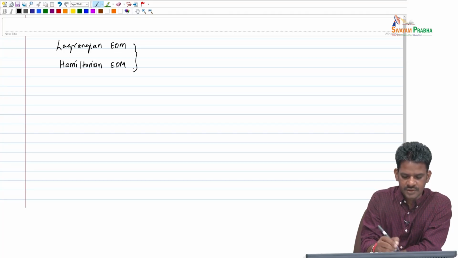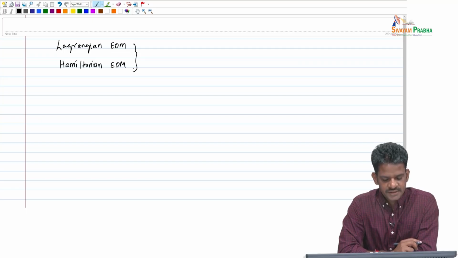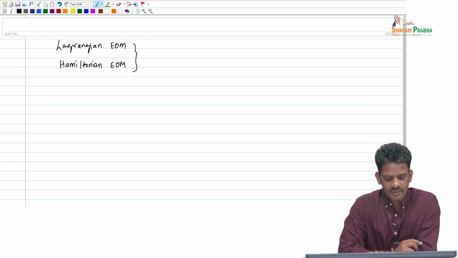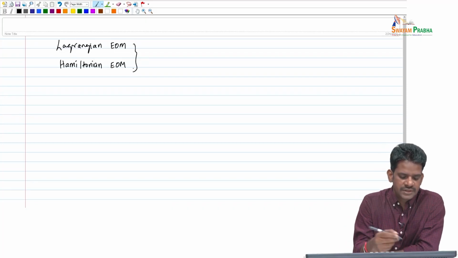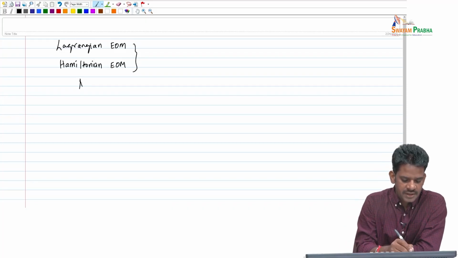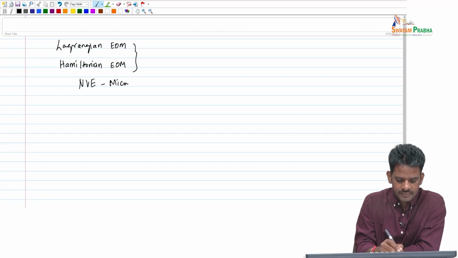these laws contain certain conservations. Okay, they basically conserve certain quantities. Especially we wrote these sets of equations for, let us say, an NVE or microcanonical ensemble.